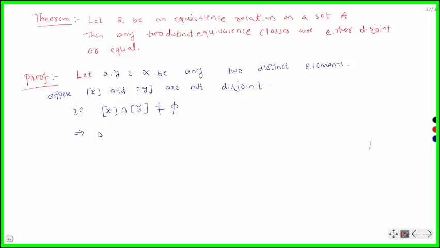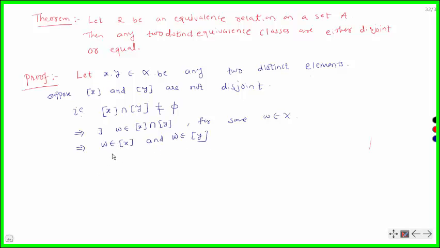This implies that there exists w belonging to the equivalence class of x intersection the equivalence class of y, for some w belonging to A, because this is going on the whole set A. So this implies that w belongs to the equivalence class of x and w belongs to the equivalence class of y.